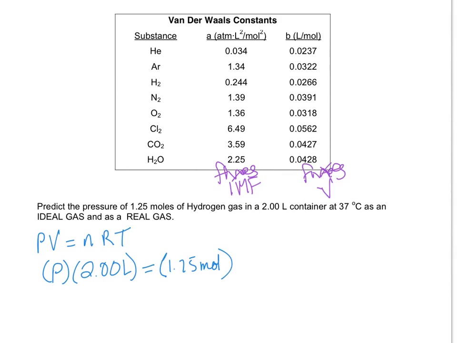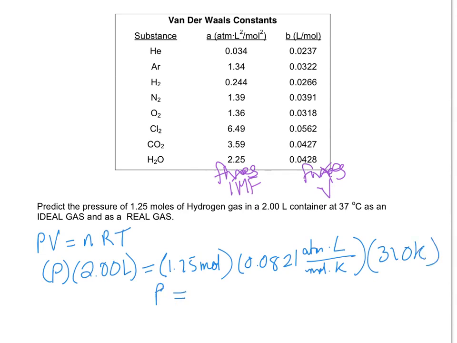I'll calculate my pressure in atm, so I'll use 0.0821 atm times liters per mole Kelvin. And then the temperature, remember you gotta convert it to Kelvin, so 310 Kelvin. So my pressure that I calculate in this case would be 15.9 atm.